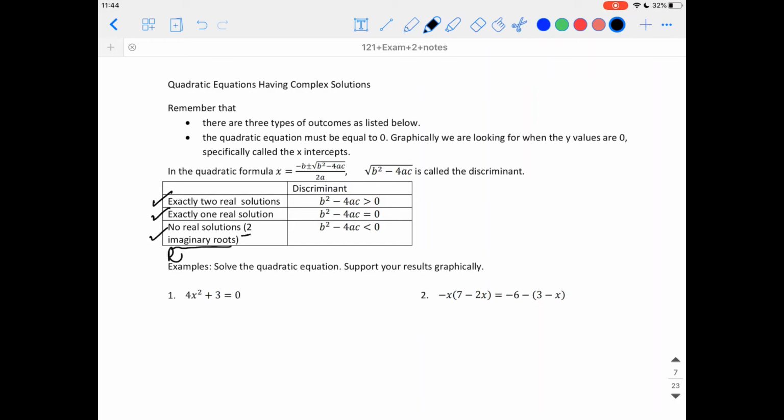We need to remember that complex, otherwise known as imaginary, solutions travel in pairs. Why in pairs? Again, because of the plus minus part.